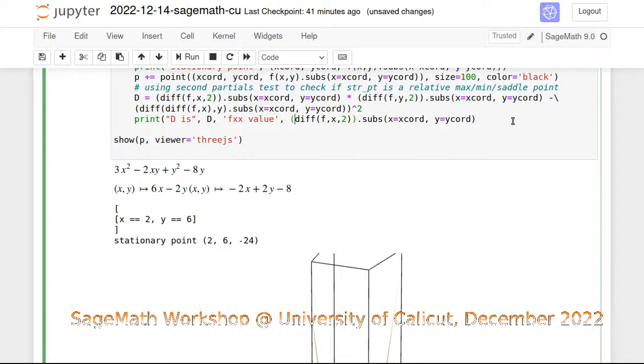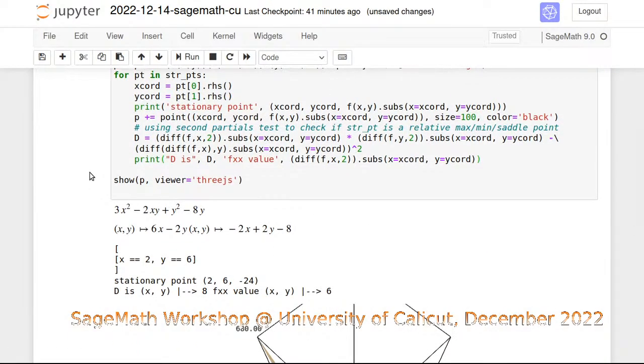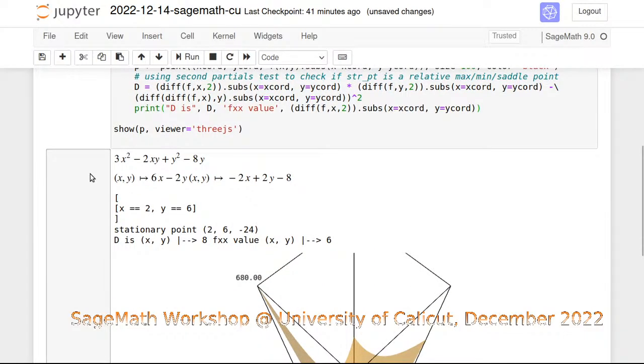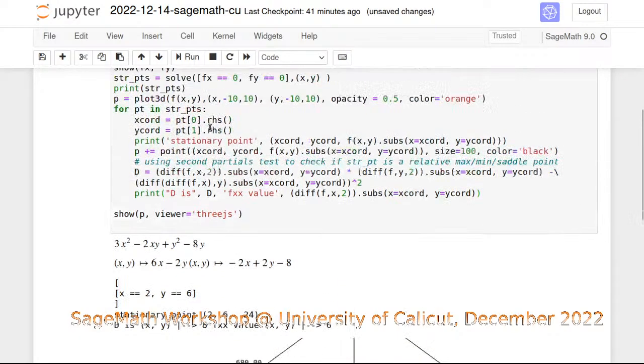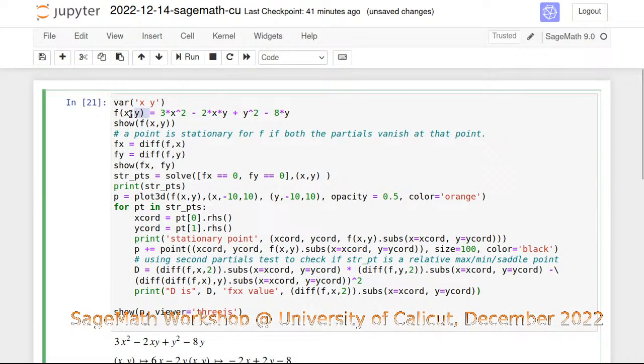One bracket is missing. Let's see. I think basically here, because I am using fxy notation, I can simply use f here.